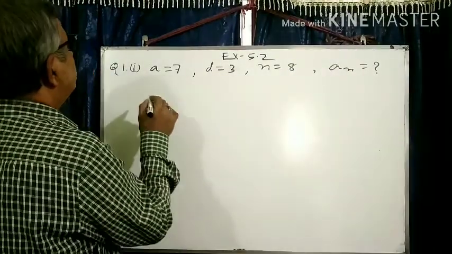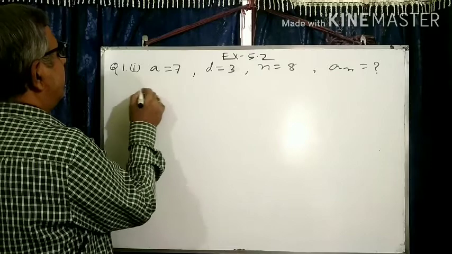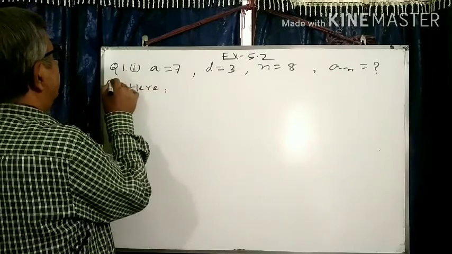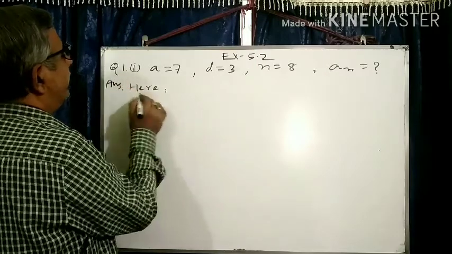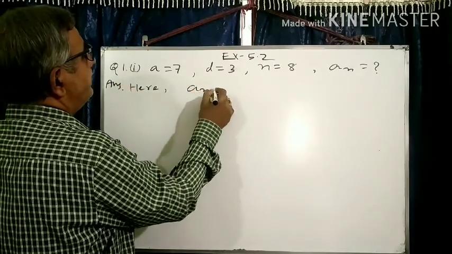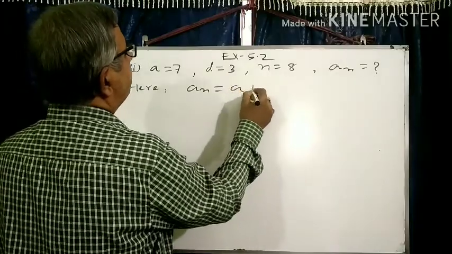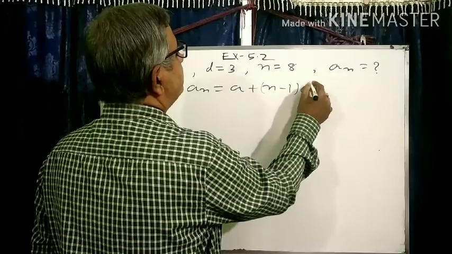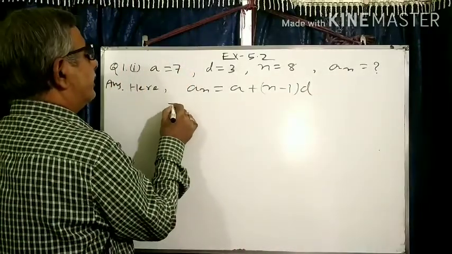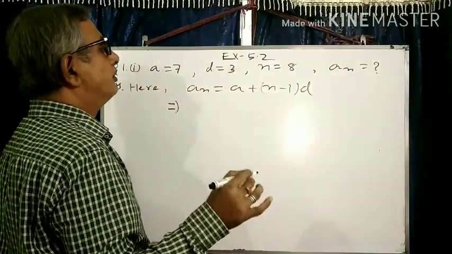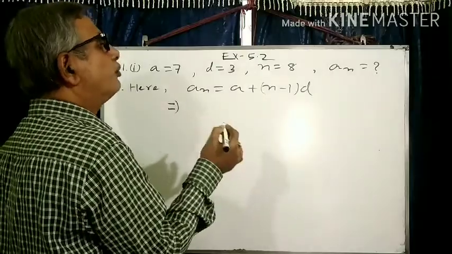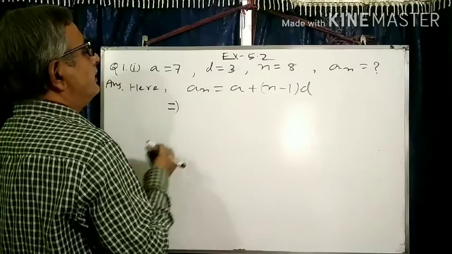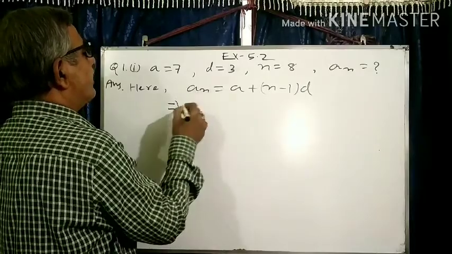My dear students, you know the formula. An is equal to A plus N minus 1 D. The things which are given you put here, and the thing which you have to find out you will get automatically from this equation.